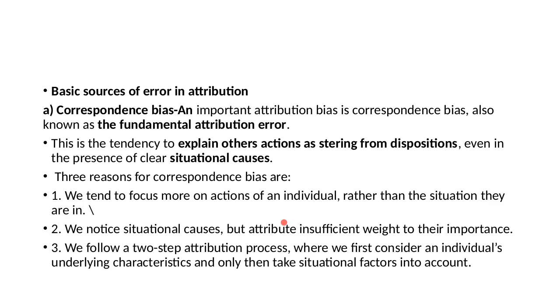Then the third reason is that we follow a two-step attribution process, where we first consider an individual's underlying characteristics and only then take situational factors into account. First, you use the action or the behavior of that person and interpret the personality of this individual, and then later try to look for the cause.